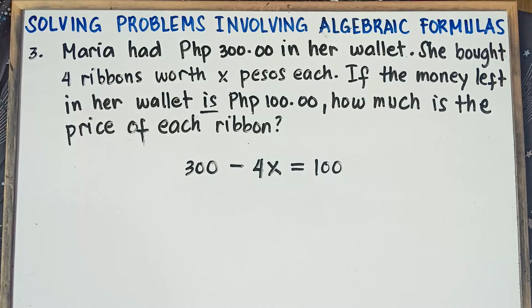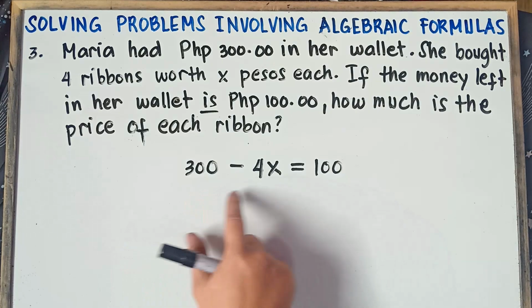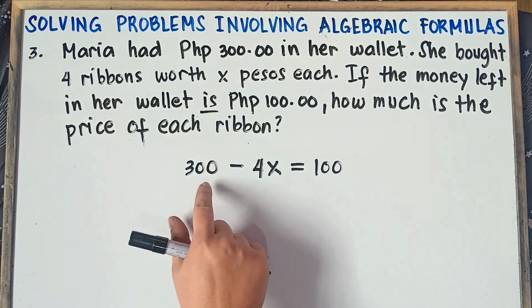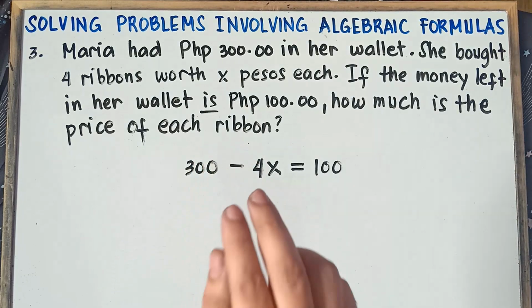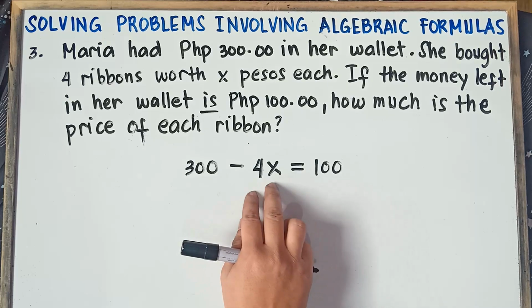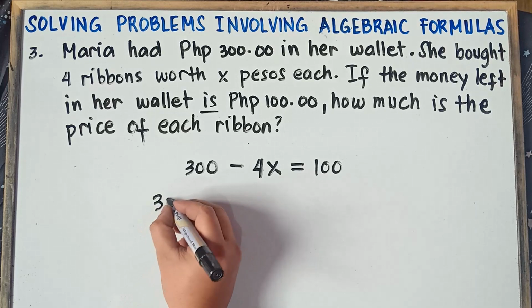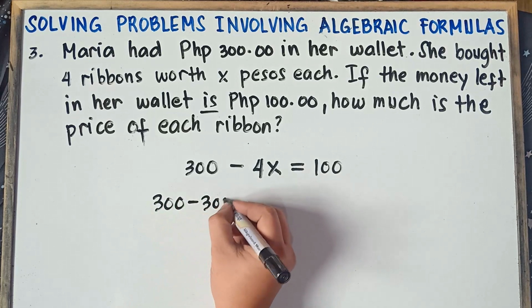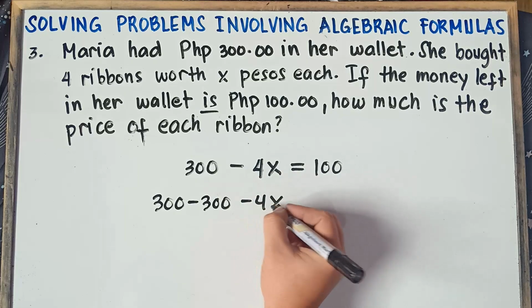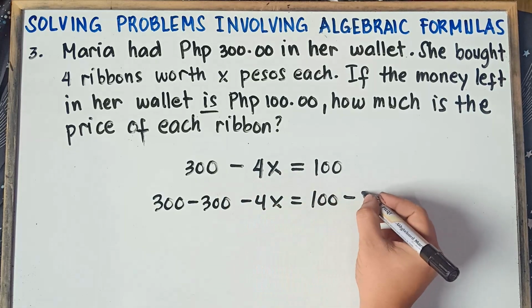So therefore, to find the value of X, we can subtract both sides by 300 so that we can cancel this out. And the remaining expression on the left side of this equal sign will be only negative 4X. Once again, class, we subtract both sides by 300, and then copy: negative 4X equals 100 minus 300.